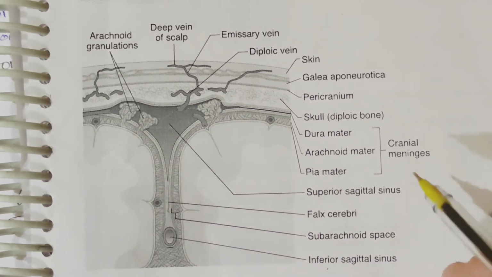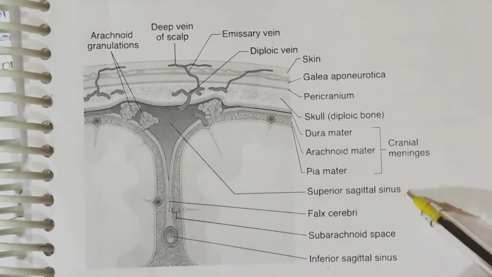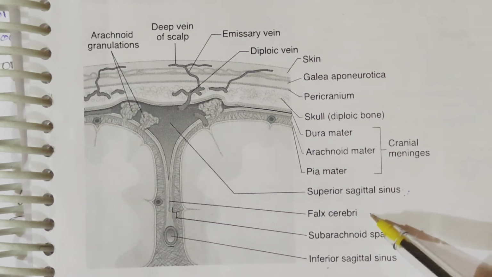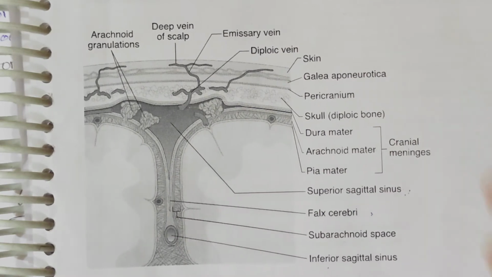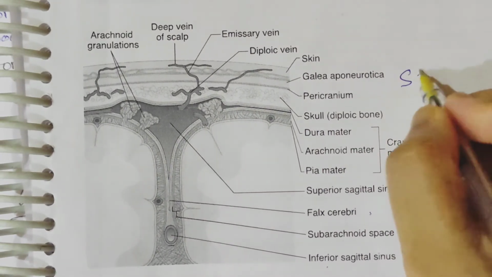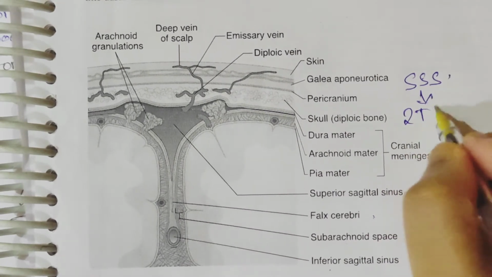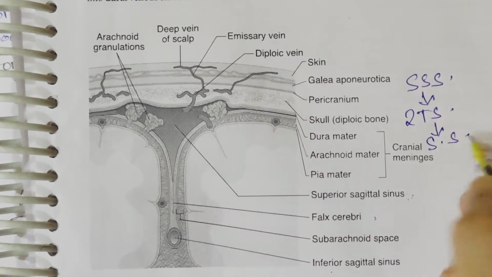The superior sagittal sinus drains the CSF into the two transverse sinuses and then into the sigmoid sinuses.